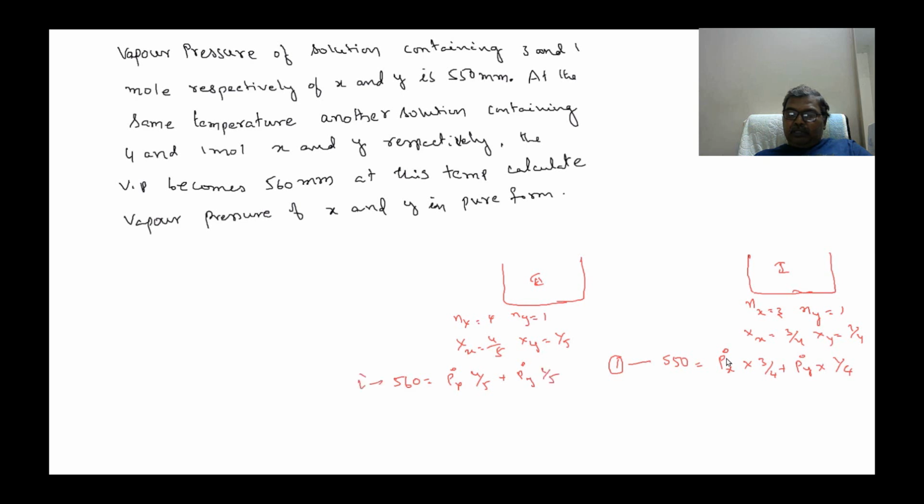This is the second equation. So 3 by 4 P naught X plus 1 by 4 P naught Y is equal to 550, and 4 by 5 P naught X plus 1 by 5 P naught Y is equal to 560.